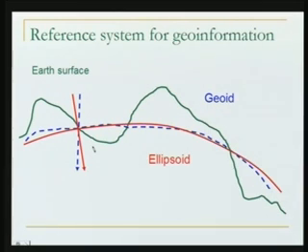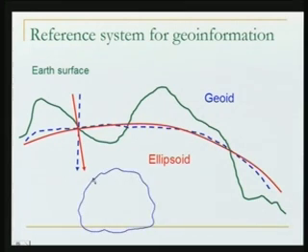If our earth surface is slightly undulating, we can fit our earth with an ellipsoid. So, this is the best fitting ellipsoid to the surface of the earth for a particular part of the earth. Maybe it is applicable more here than any other part. So, this is an ellipsoid which is fitted to the surface of the earth.